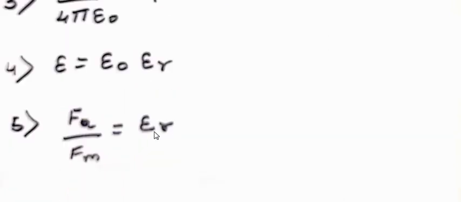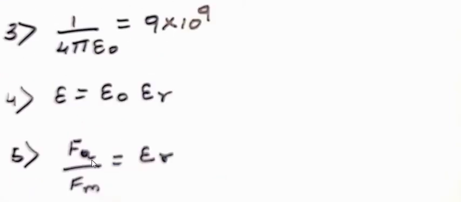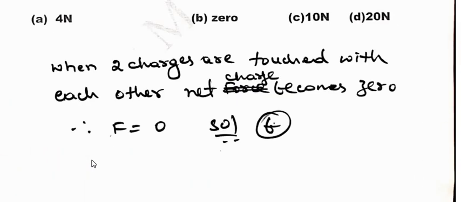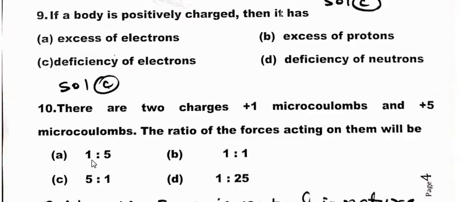Also, relative permittivity or dielectric constant of a medium is given by the ratio of the force acting between two charges kept at a certain distance apart in air to the force between the same two charges kept at the same distance apart in the given medium. These are some of the formulae that you come across in the study of electric charges. Now we shall look into some of the MCQs on electric charges.